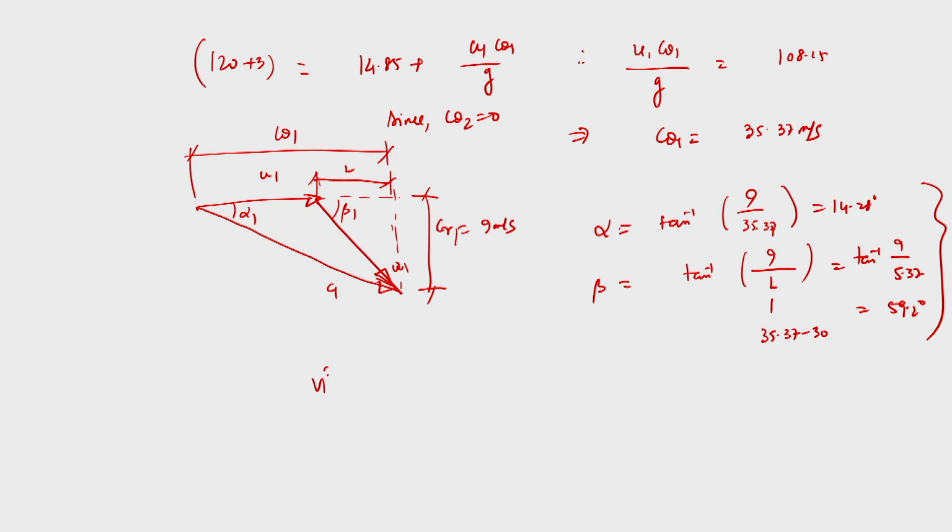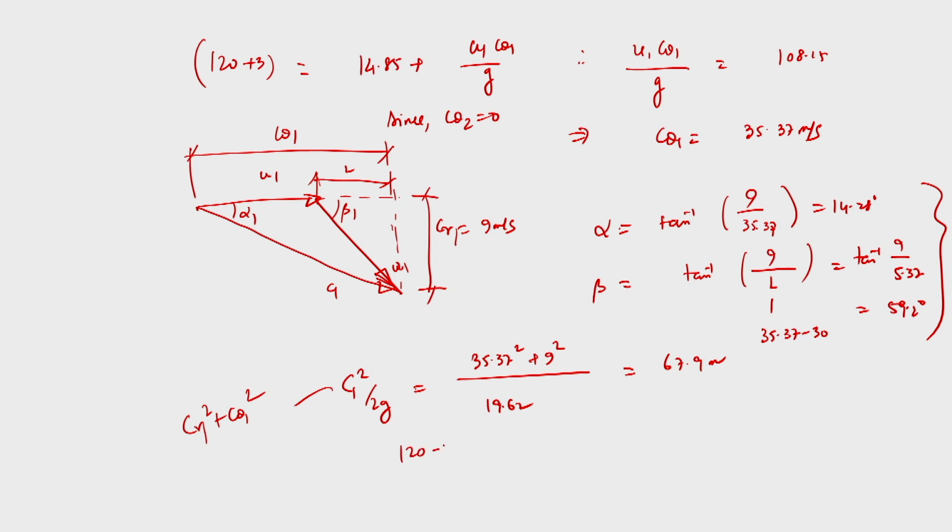Now, C1 square by 2g equal to 35.37 square plus 9 square divided by 19.62, that is 2g. C1 square is CR1 square plus C theta 1 square. So, that will be coming equal to 67.9 meter.